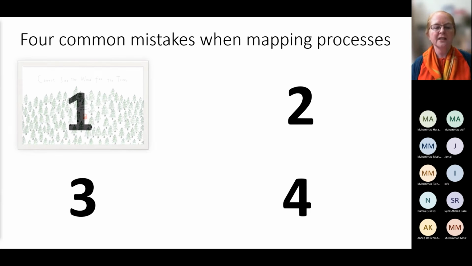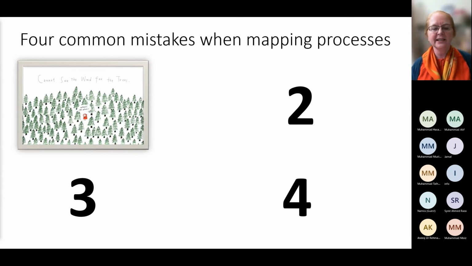So the first mistake is adding too much detail to the process so that you lose track of the big picture. You get all of the nauseating fine detail, but you don't get the big picture. You don't get to see the goals.